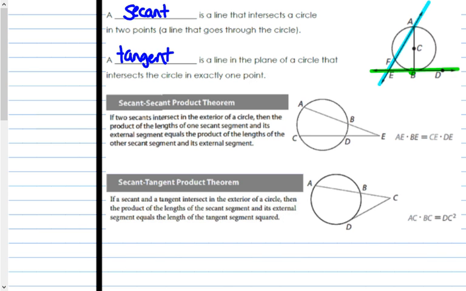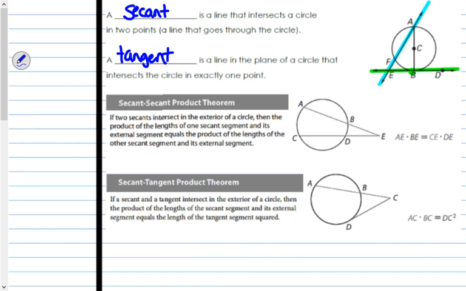So first of all, it says if the secants intersect in the exterior. Well, this secant ABE is intersecting with CDE right here at point E. So yes, they are intersecting in the exterior of the circle. They are intersecting outside of the circle.